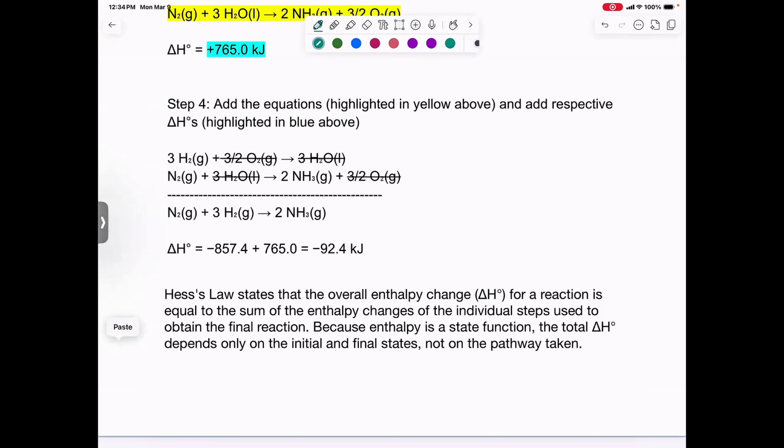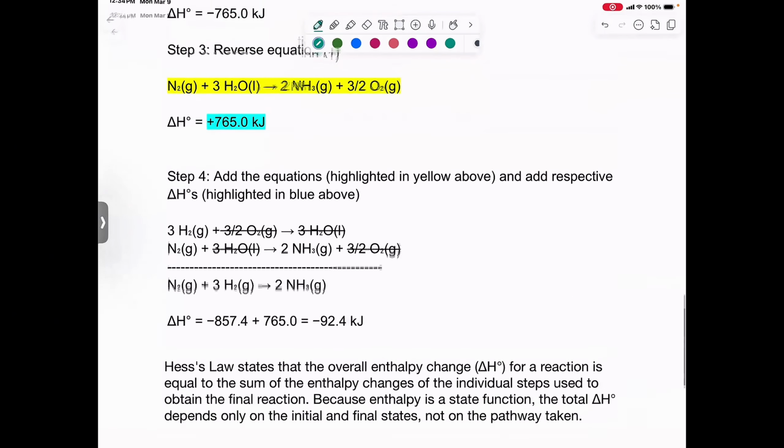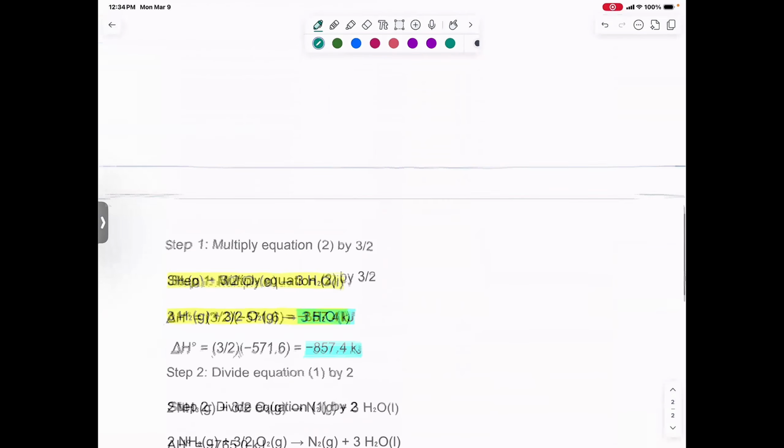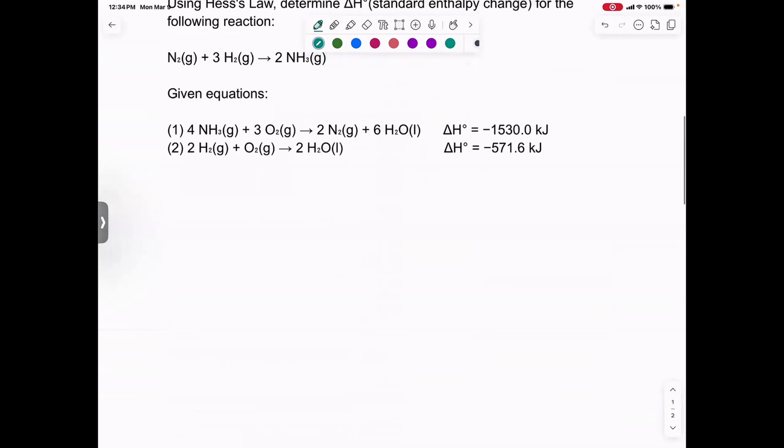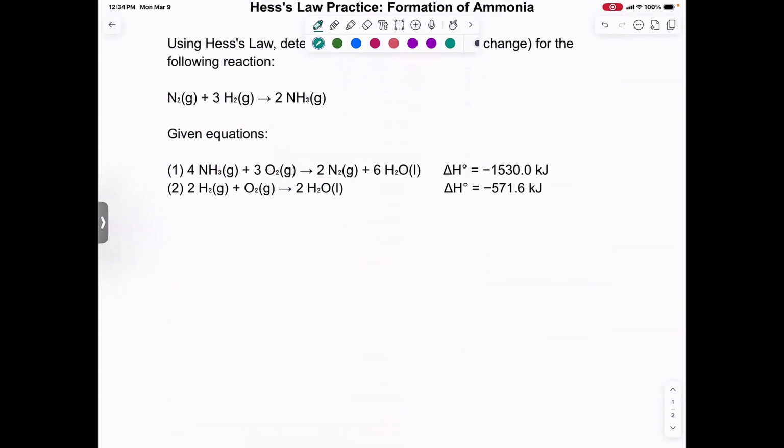But back to the question at hand, we're going to look at a couple of individual equations. Notice they have their own delta H's tied to them. All we need to do is look at these equations and ask, could we add them together and get our final goal equation, the formation of ammonia, given nitrogen and hydrogen gas to form the NH3?